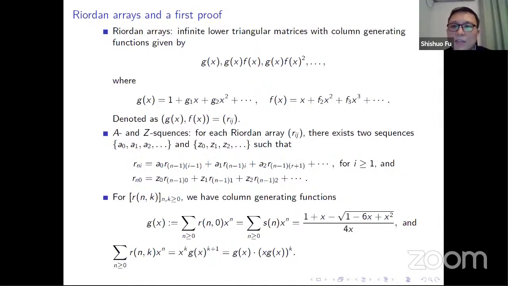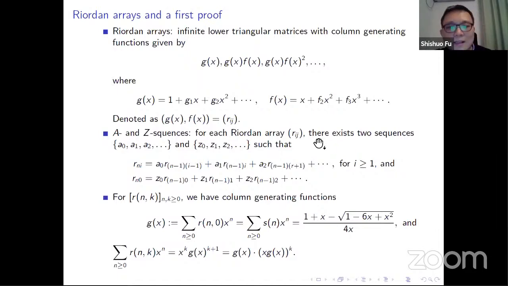For example, if you have k heels, then these k heels naturally divide your Schroeder path into k plus 1 components, right? You just view each component between consecutive heels as a Schroeder path without heels. A Schroeder path without heels is generated by the first column, which means k equals 0. So that's exactly g(x). And then there will be k plus 1 copies.